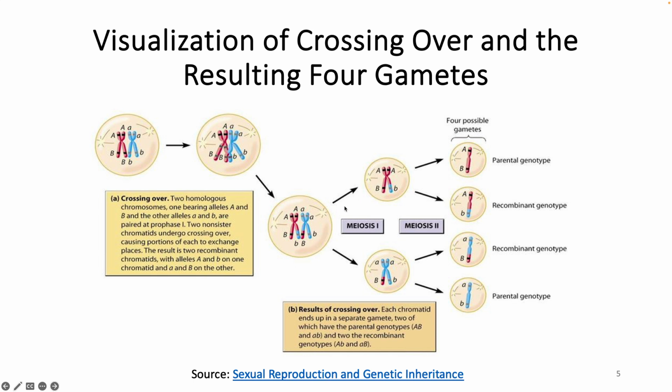Meiosis 1, they get divided up, and then with meiosis 2, they get further divided up, and here you have 4 different gamete cells. One of these will then be combined with another gamete from the other parent during fertilization to form the child.